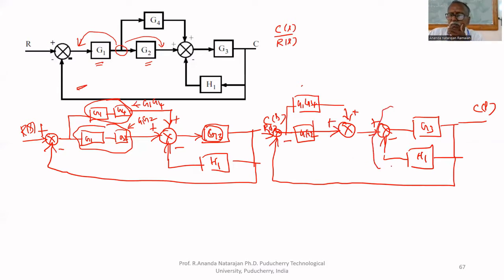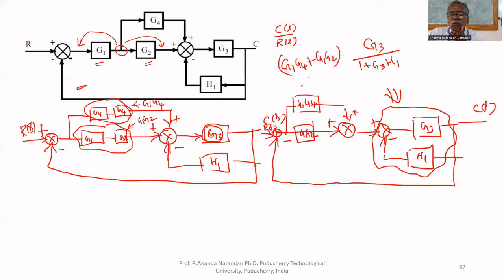So this, by using seventh rule, we can simplify. So this is equal to what? G3 upon, because negative feedback, that's why 1 plus G3 H1. These two are parallel, that's why we can write G1 G4 plus G1 G2 for this. Then one more feedback, that's all.